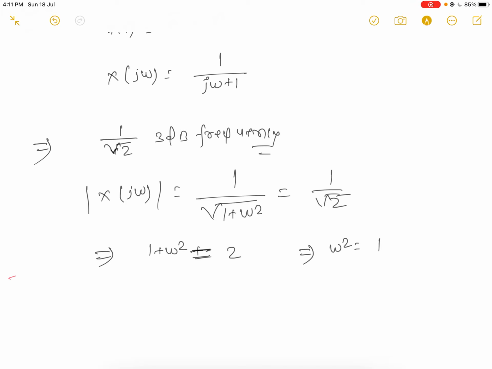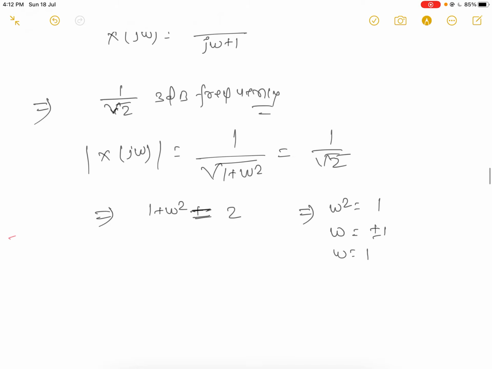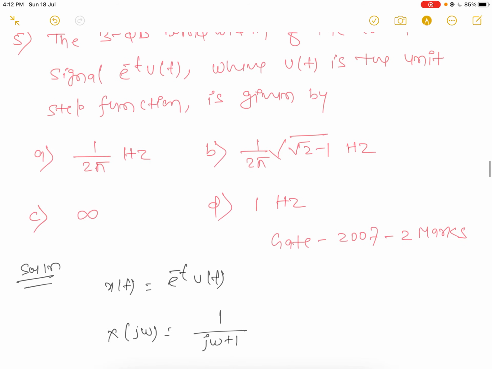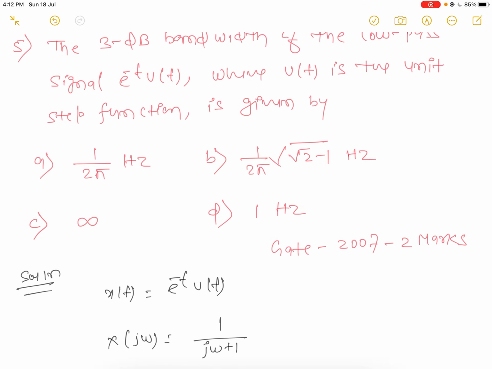Omega square will be 1, and omega is plus minus 1. Plus is possible, so omega is equal to 1, and we can write 2 pi f is equal to 1, so f is equal to 1 upon 2 pi. Check it, our right answer 1 upon 2 pi is given. Option A will be the right answer.